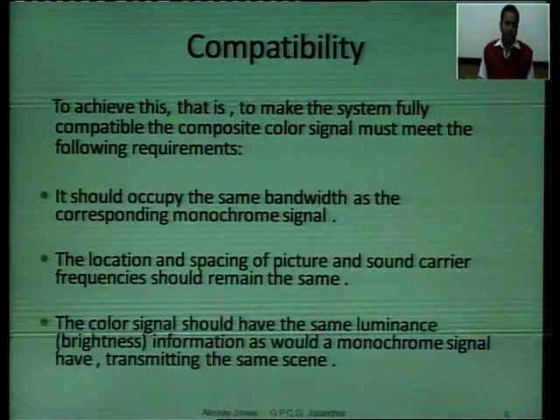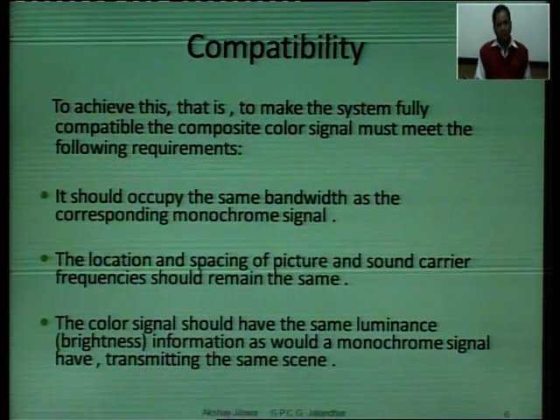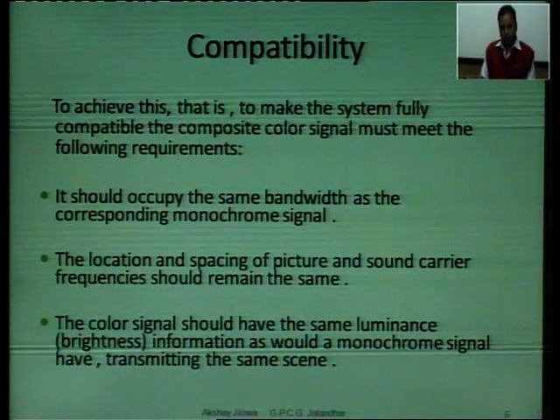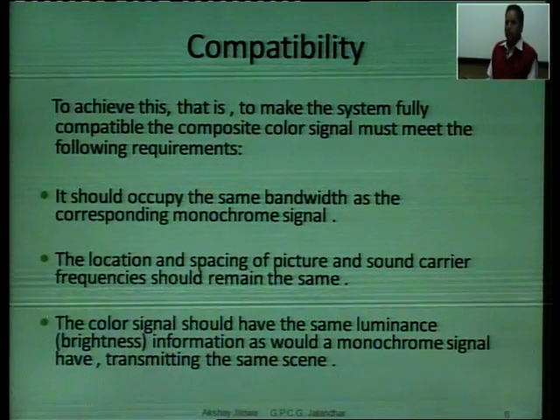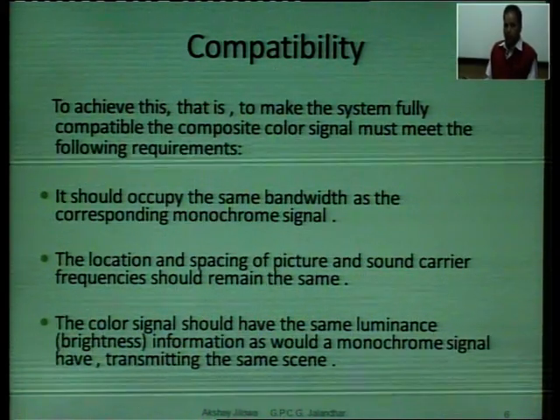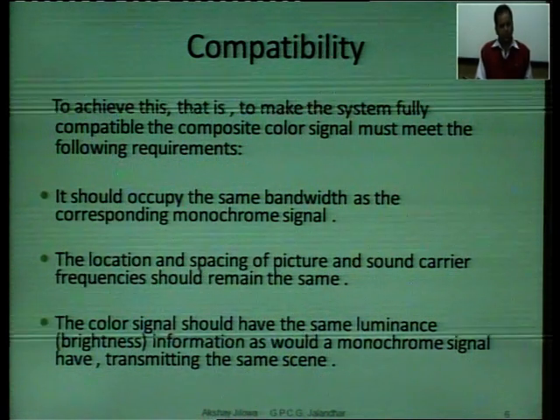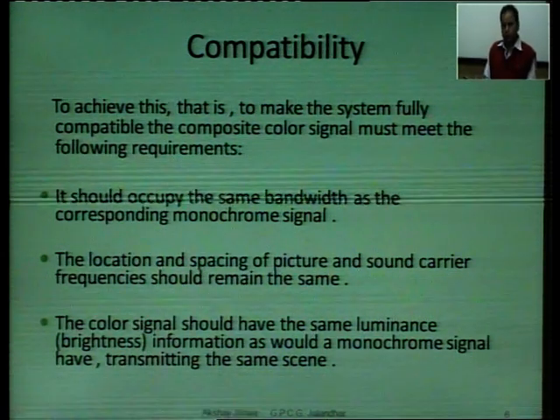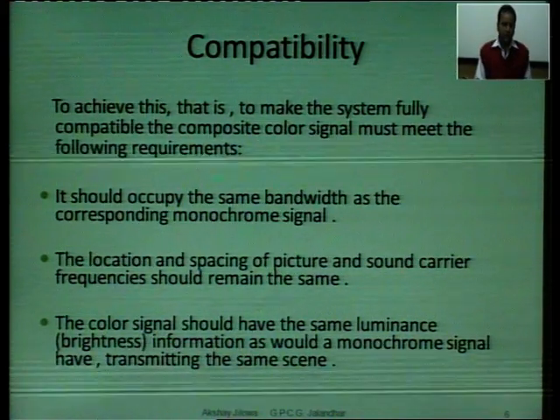Second, the location and spacing of picture and sound carrier frequencies should remain the same. Means where a particular signal is placed within the band should be the same for both monochrome as well as color TV.